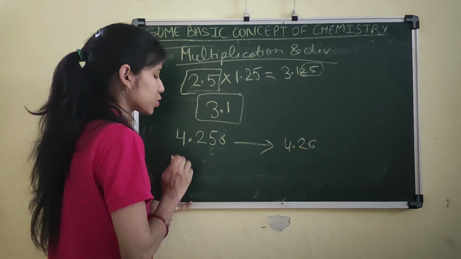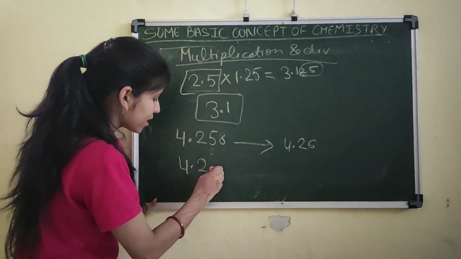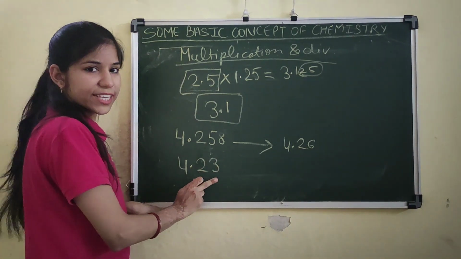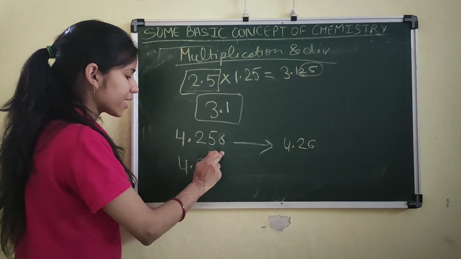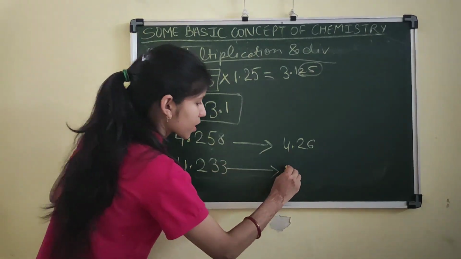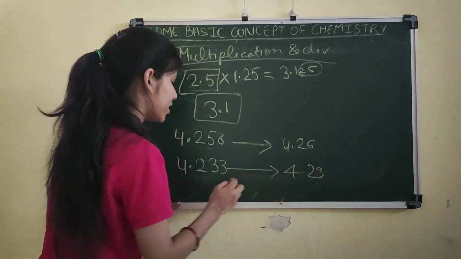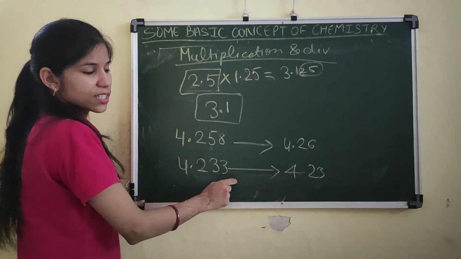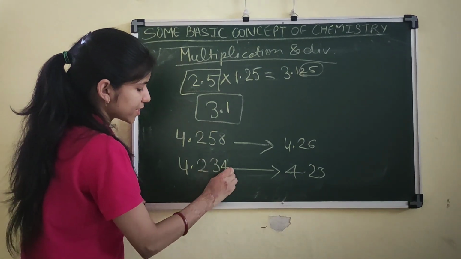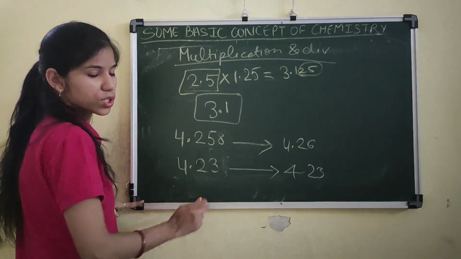And the next rule is, if the digit is less than 5, it can be removed, and this can be written as 4.23. If there is a different digit like 4 present, it will be removed and the answer will be 4.23.